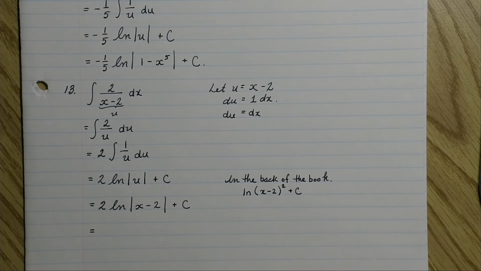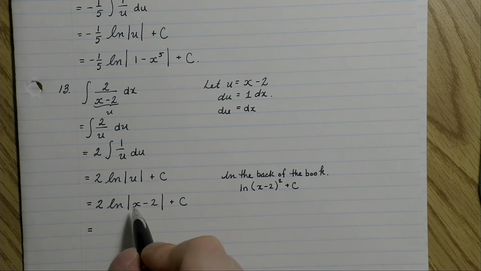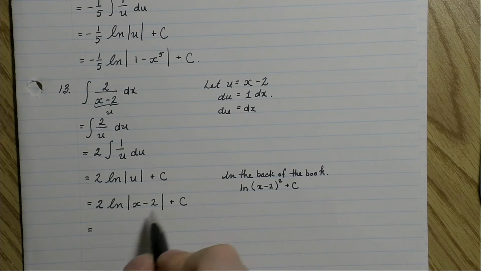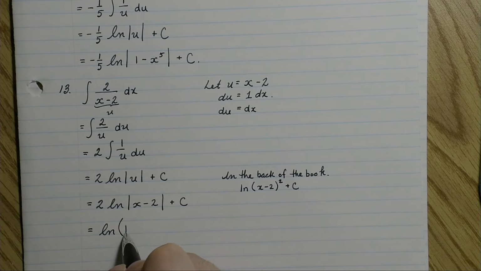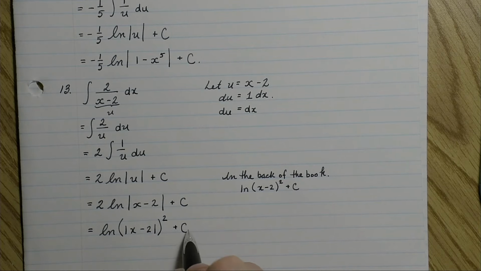It's not matching it, right? But no, actually, because of our rules of logarithms, you can actually pull that 2 up to the top. So I get ln of the absolute value of x minus 2, squared, plus c.